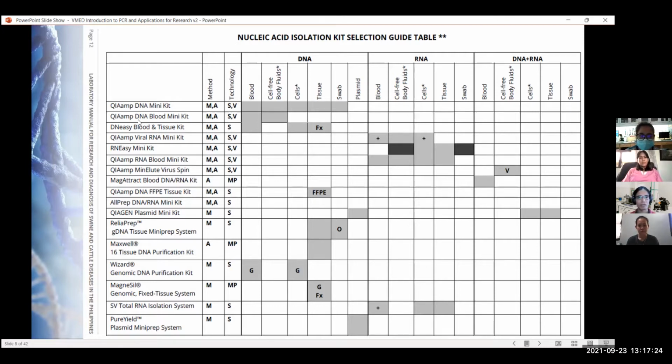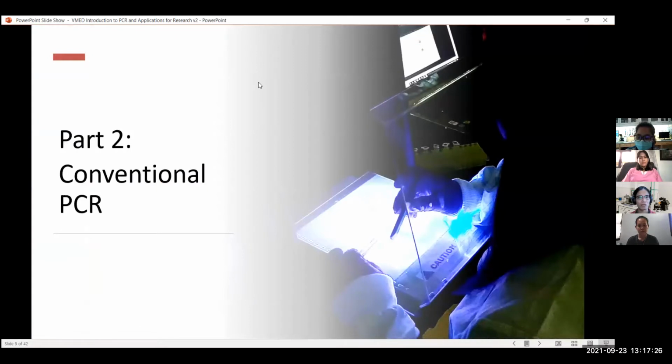Okay, next part would be conventional PCR. So this is, I think, the most common PCR method that's being used, and likely the first kind of PCR that you will be learning in the laboratory. Review lang ulit.